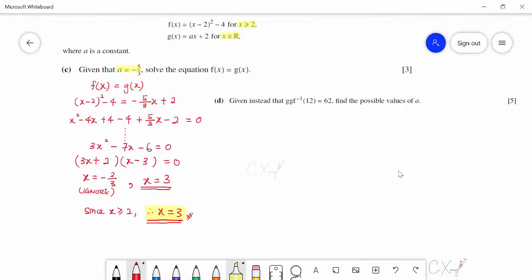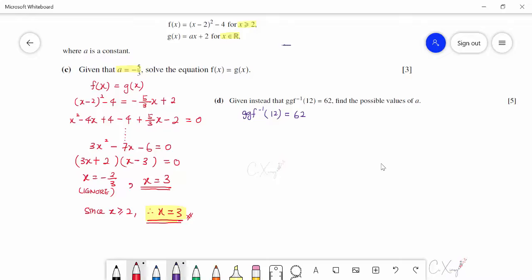All right, so we will start from the information that they give us, which is g(g(f inverse(12))) equals 62. So first, substitute 12 into the function f inverse. So where's my function f inverse just now?